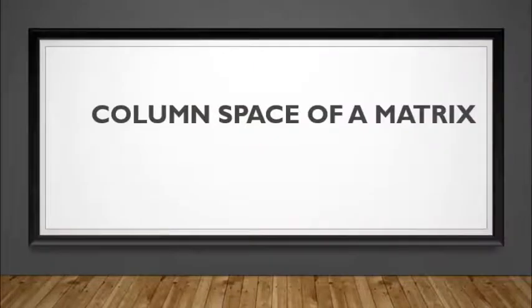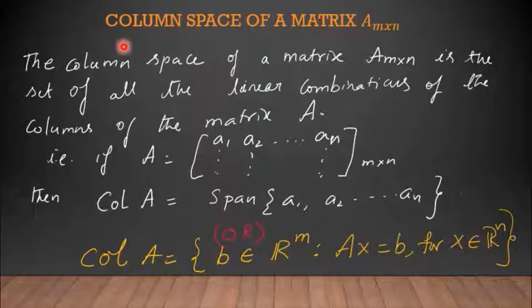In this lesson, I'm going to explain about column space of a matrix. We will first see what is column space of a matrix A of order m by n.